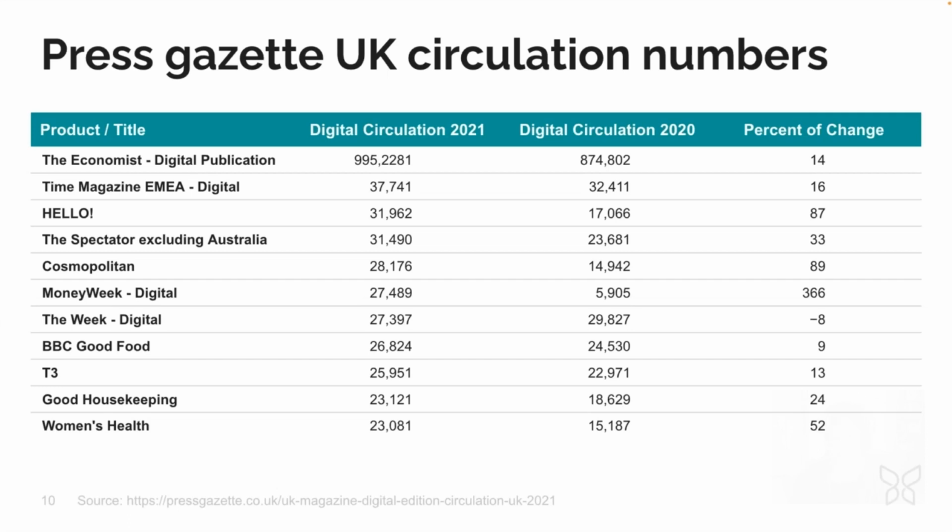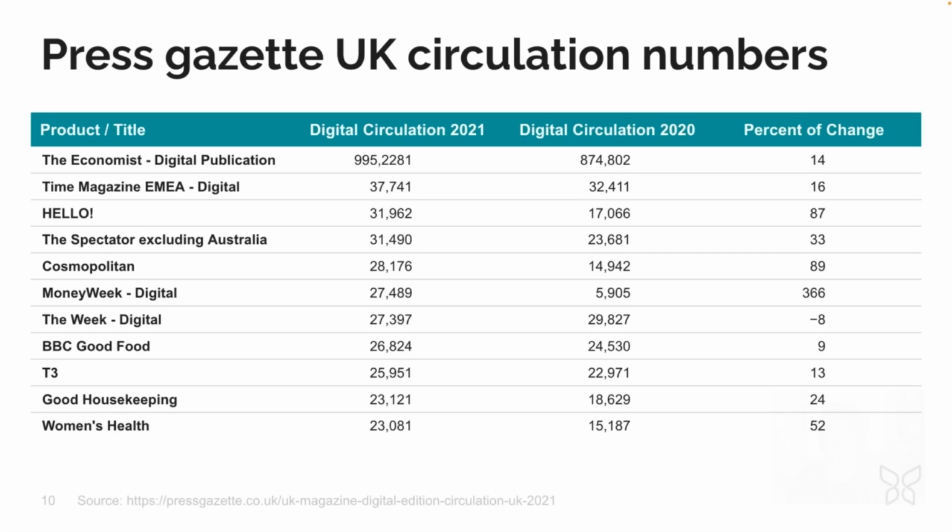Now, there are a couple of reasons why this may have happened, but one of the reasons that I can say for sure is that during that year, between 2020 and 2021, that's when Cosmopolitan went from being PDF and just a static digital edition to having dynamic content and launching their own apps, making sure that everything was seamlessly flowing to all of the different channels that they wanted to go to.